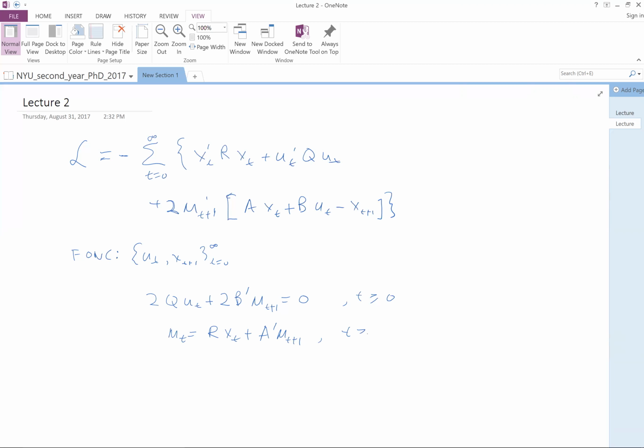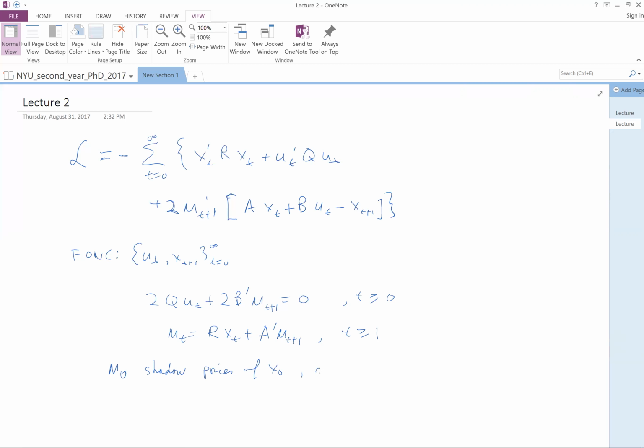This is going to be for t greater than or equal to 1. And we're going to define mu 0 to be a vector of shadow prices of x0.